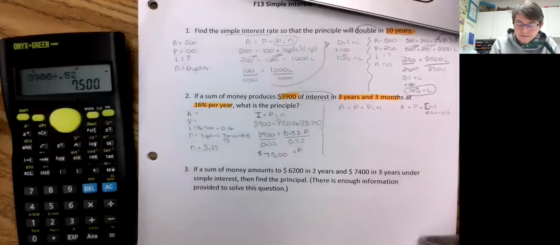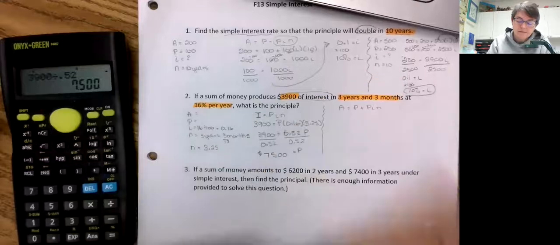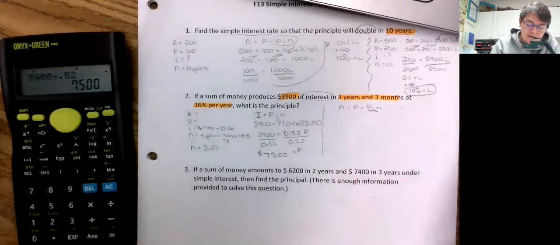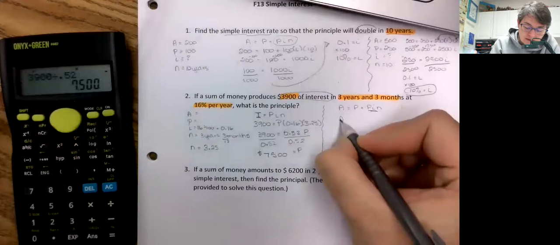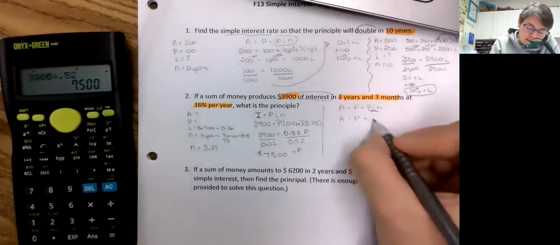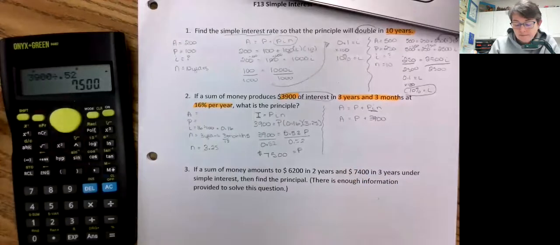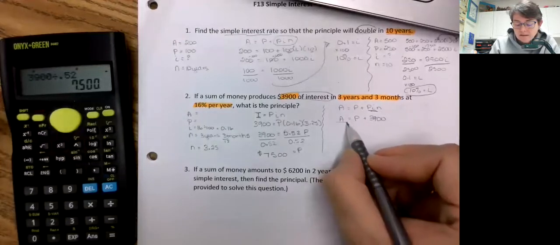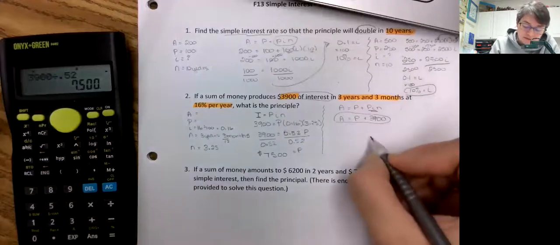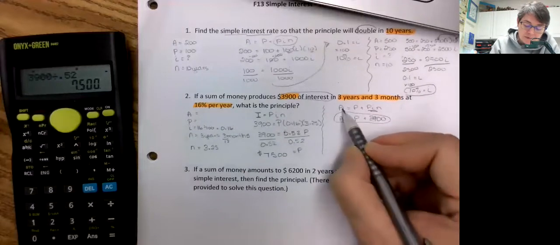We know this part is the interest. So A is equal to P plus, it earned $3,900. So I'm going to do something crazy and do the substitution thing. I'm going to take this P plus 3,900 and put it over here.